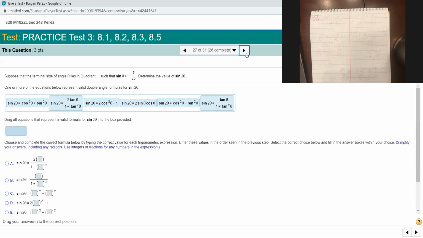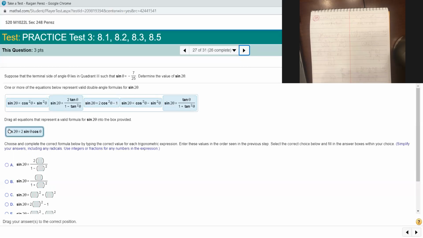27. One or more of the equations below represent valid double angle formulas. Drag all the equations that do. So just use your formula sheet for this. Sine double angle is 2 times sine times cosine. So that's this one. That one's good.